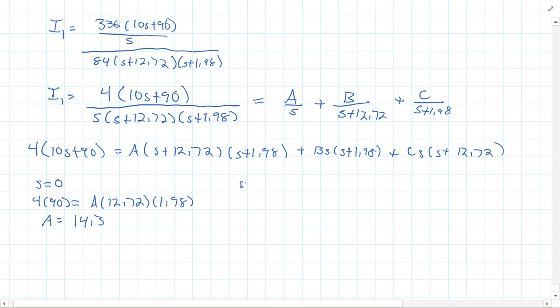And then s equals negative 12.72. We'd have 4 times 10 times negative 12.72 plus 90 is equal to b times negative 12.72 times negative 12.72 plus 1.98.